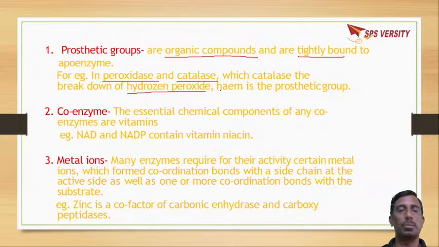Here heme is the prosthetic group. Coenzymes are mostly like vitamins. Like NAD, nicotinamide adenine dinucleotide, and nicotinamide adenine dinucleotide phosphate, which contain vitamin niacin.